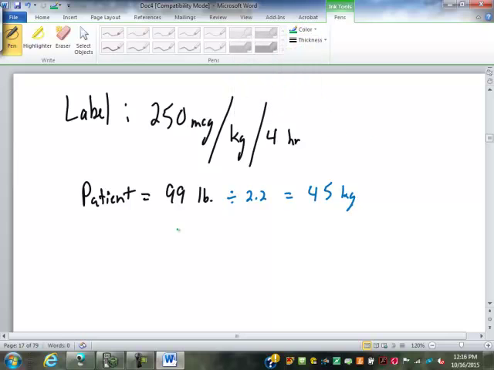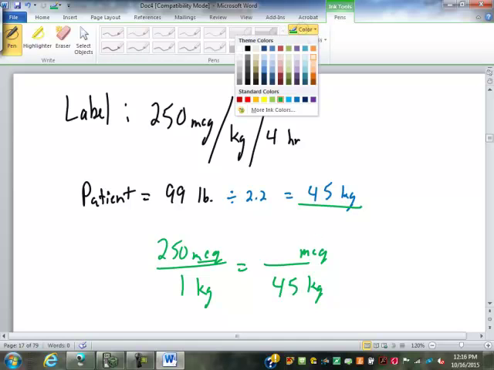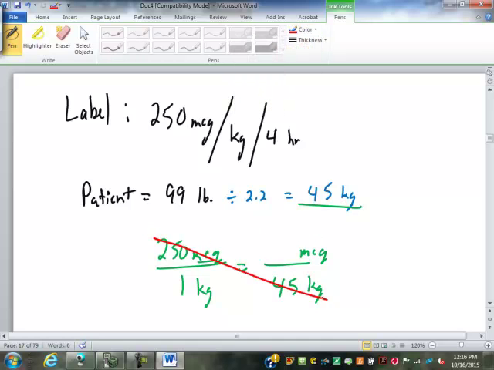Then what? 250 micrograms over 1 kilogram. Perfect. That's per kilogram. So over here, I'm just going to label it. Micrograms on top because the units have to stay the same. Kilograms on bottom. So now it's obvious where our 45 kilogram patient has to go. It's on bottom. So 250 times 45 is 11,250.